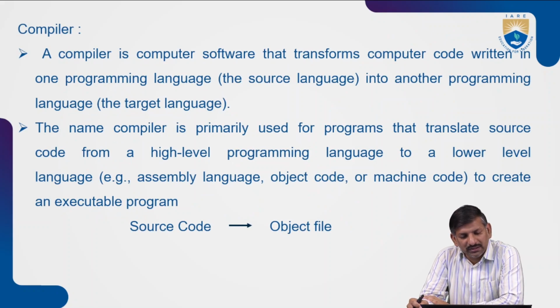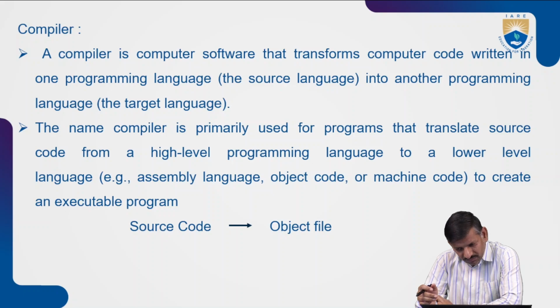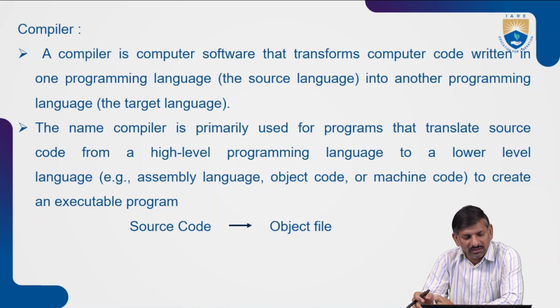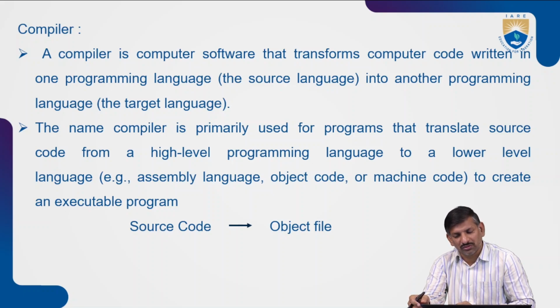A compiler is computer software that transforms computer code written in one programming language, the source language, into another programming language, that is machine understandable language. The name compiler is primarily used for programs that translate source code from a high-level programming language to a low-level language like assembly language, object code, or machine code to create the executable program.